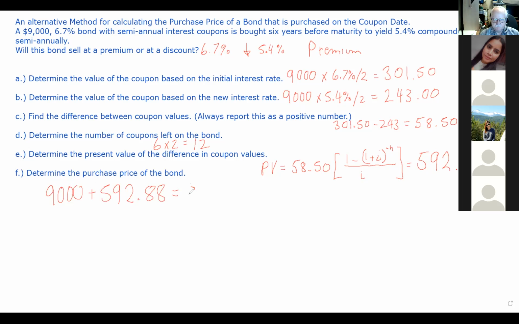We get 9,592.88. So this alternative method is just find the difference between the two values and then find the present value of that stream of income.